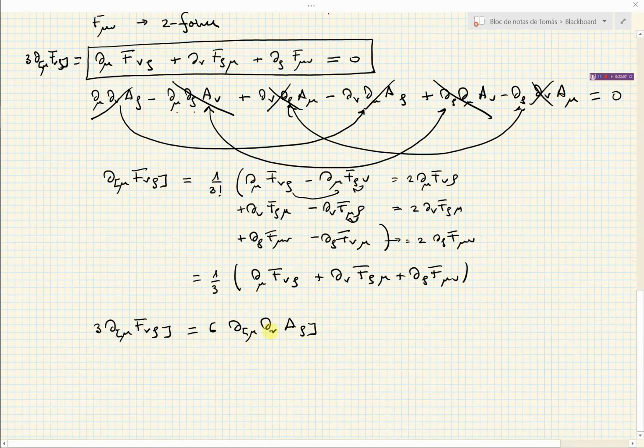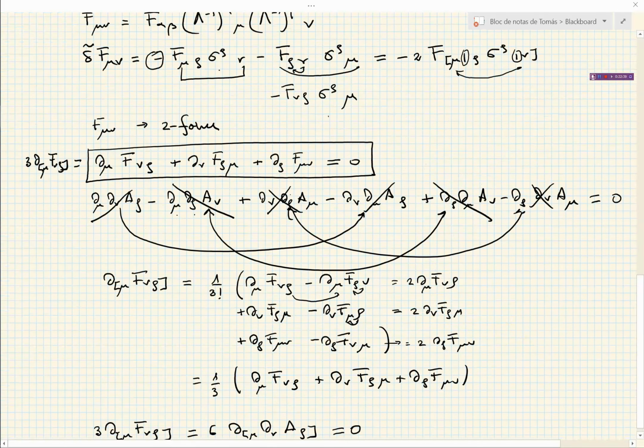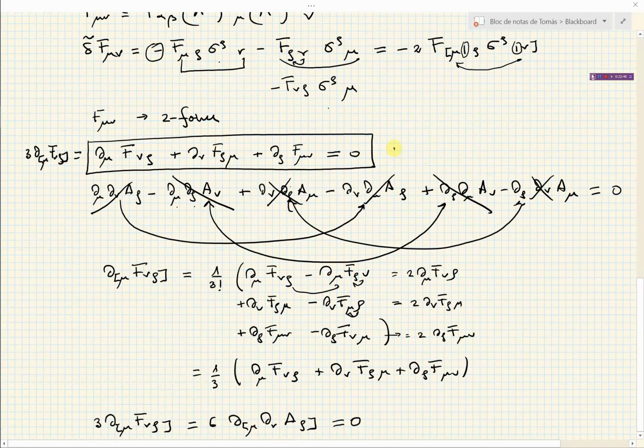I don't need to keep this antisymmetrizer anymore, everything is antisymmetric. And because this is the same as partial nu partial mu A rho, because these derivatives commute, and at the same time, if I interchange these two indices, because this is antisymmetrized, I should get a minus sign. I find that this must be 0. Okay, so this is very easy to see. So this is an identity which is always satisfied for any fields. I haven't used any equations of motion, and these kinds of identities are called Bianchi identities.